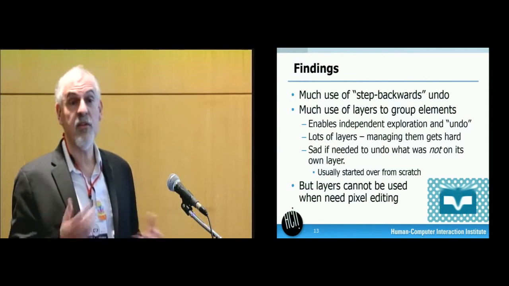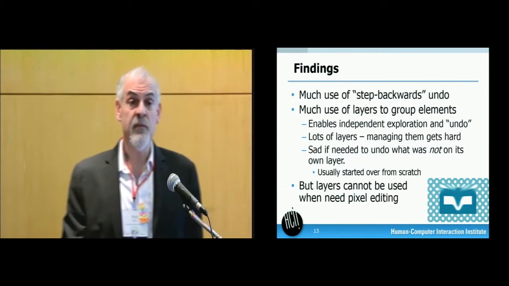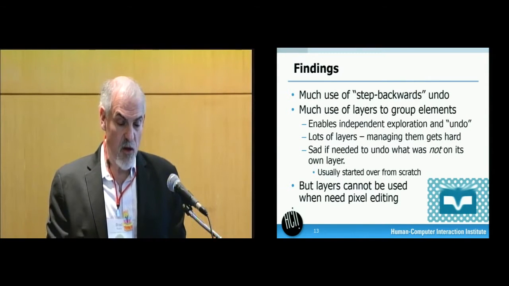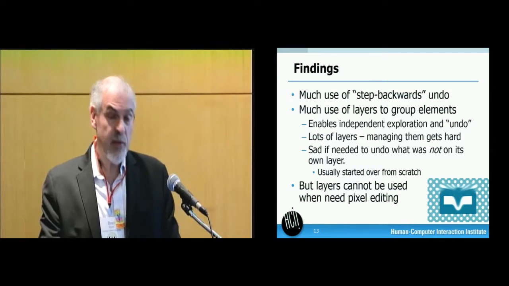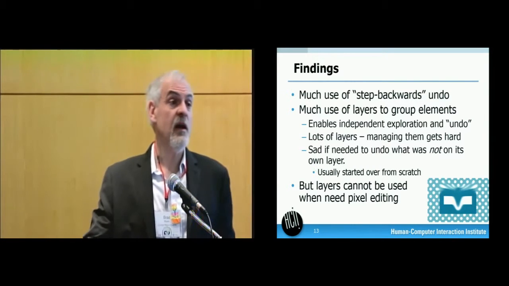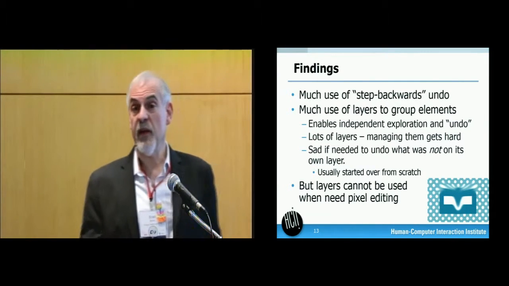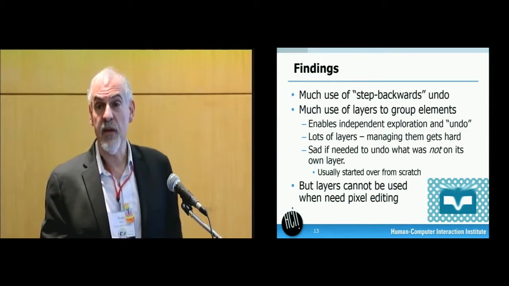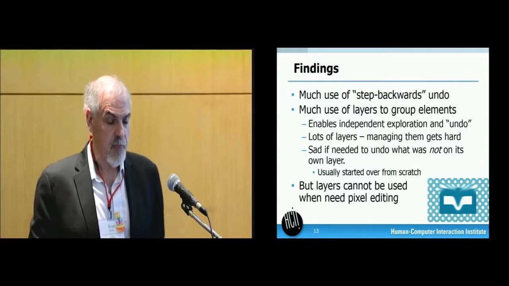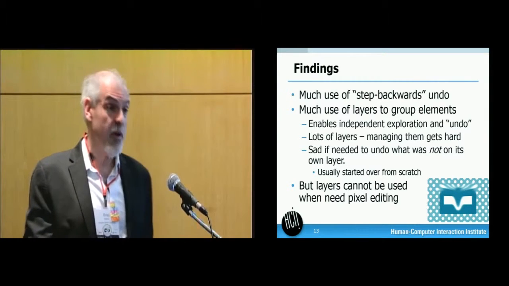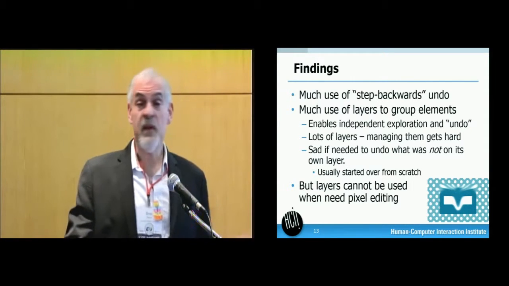The result of this is that people tend to have a lot of layers, and so that gets to be kind of hard to manage. And sometimes they would, of course, forget to put things on a layer by themselves, or they would put things together incorrectly on layers by accident. And so if something was messed up on a layer and they wanted to undo it, typically they would start over.